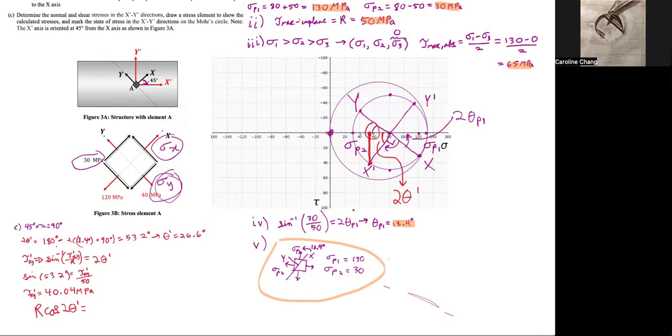So what we have to do is equate it to sigma average minus r cosine 2 theta prime is equal to sigma x prime.